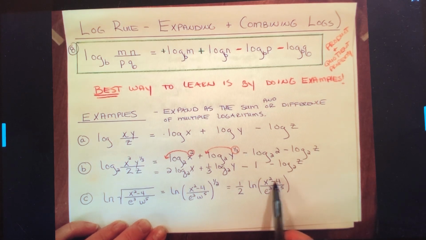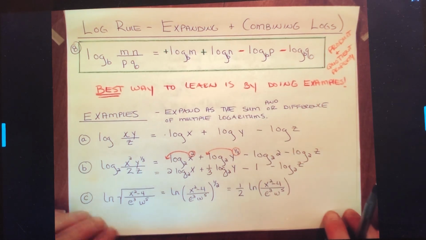So I can't break that apart the way it's written. Some of you may have noticed that this is a difference of squares. I could factor it and write it as a product of x plus 2 times x minus 2, and then it would be 2 separate terms and I could break it apart, and we'll take care of that piece in a minute. Let's just get this broken into 3 logs at the moment.